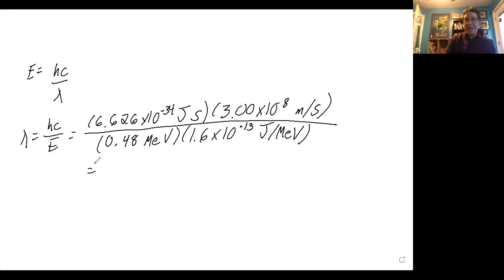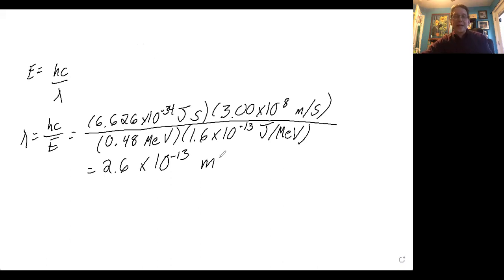And again, we expect it to be a low wavelength photon, but how low? 6.626... and you get 2.6 times 10 to the negative 13 meters.